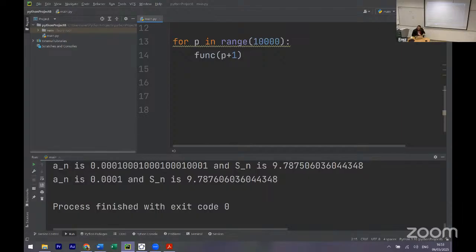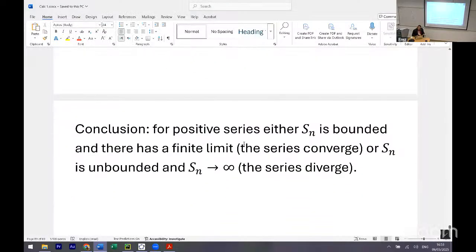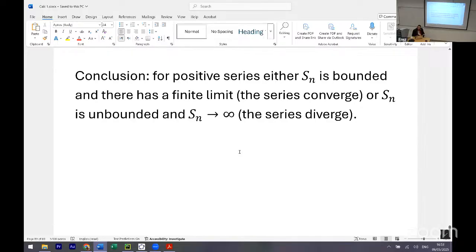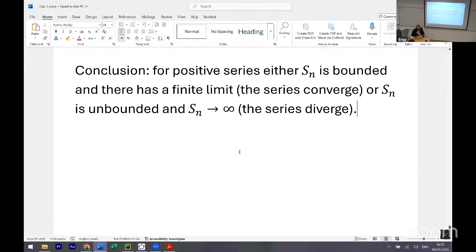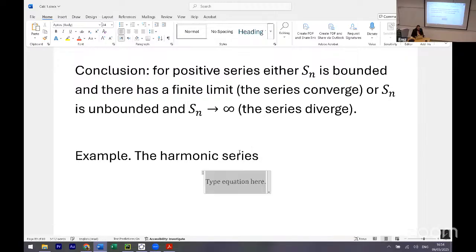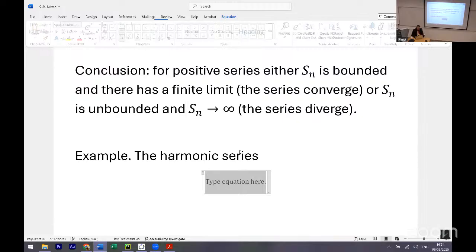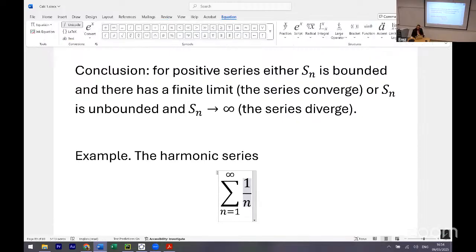Like binary search. And there are a few different ways to prove why it diverges. For example, the harmonic series, sigma from n equals 1 to infinity of 1 over n. That's what we've been discussing.